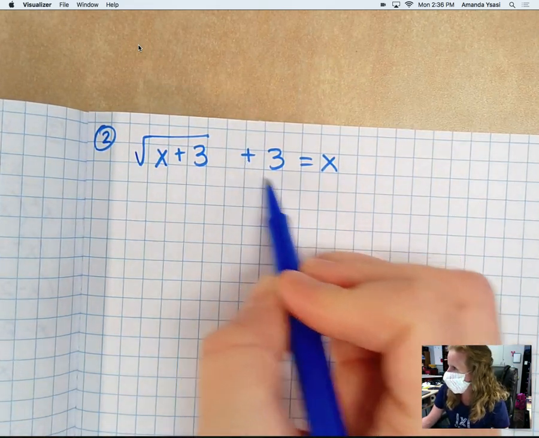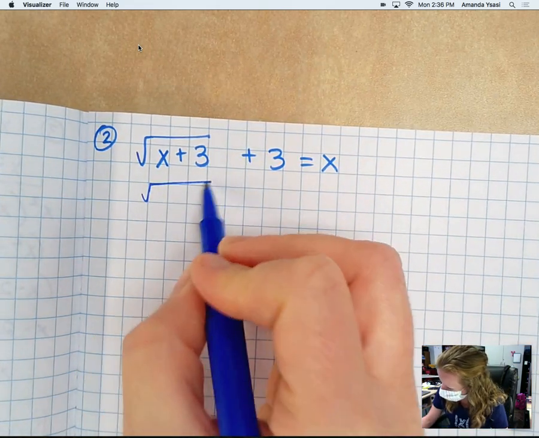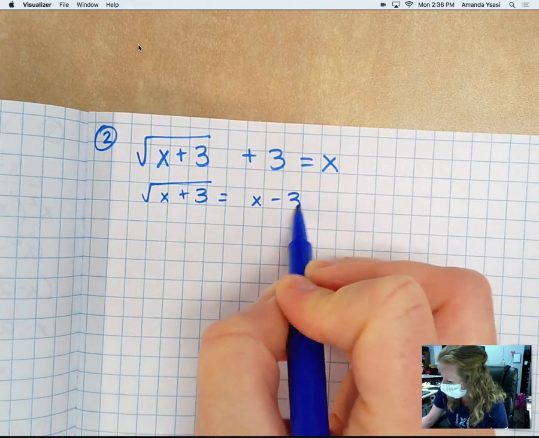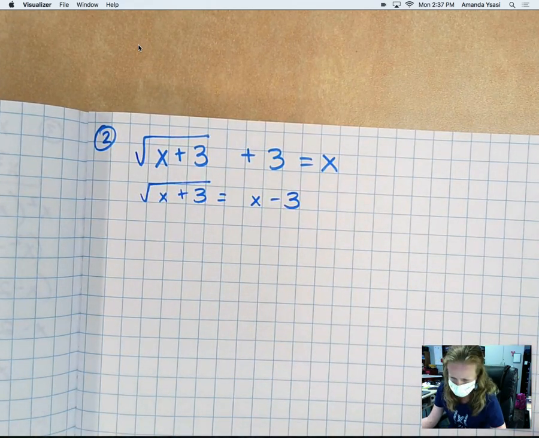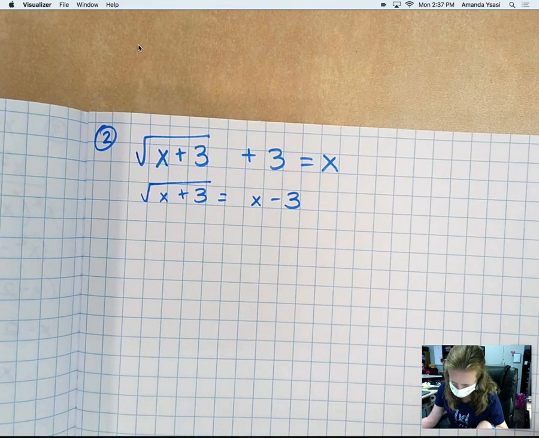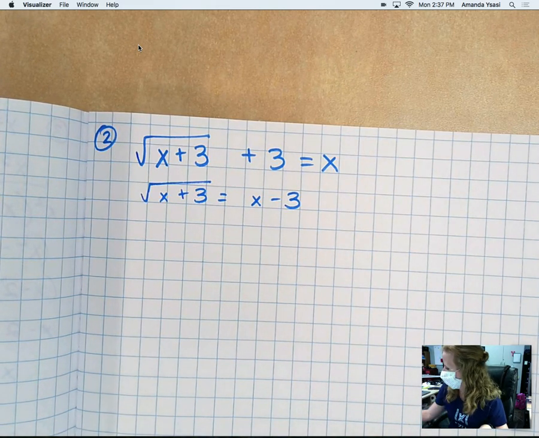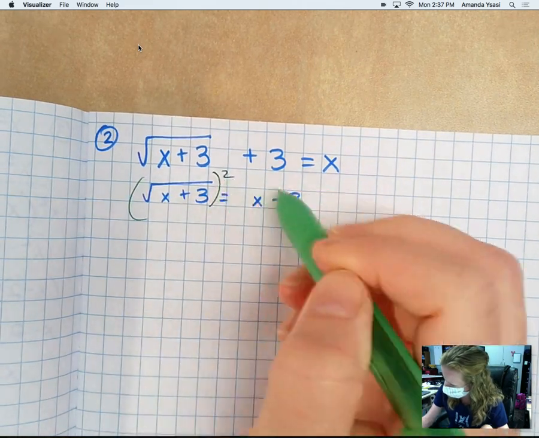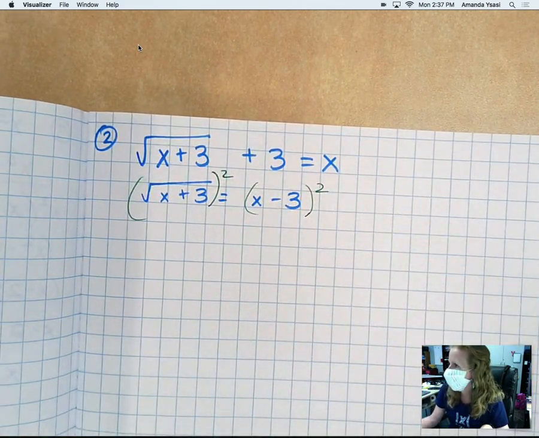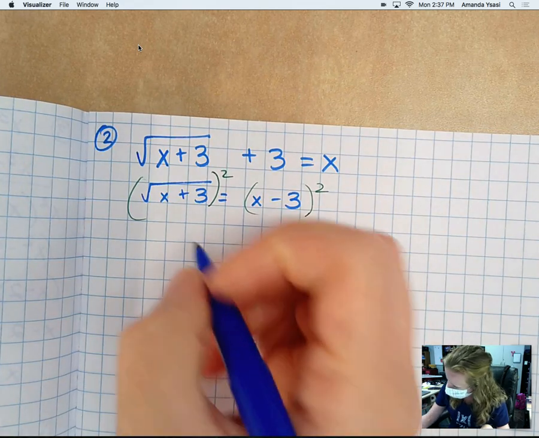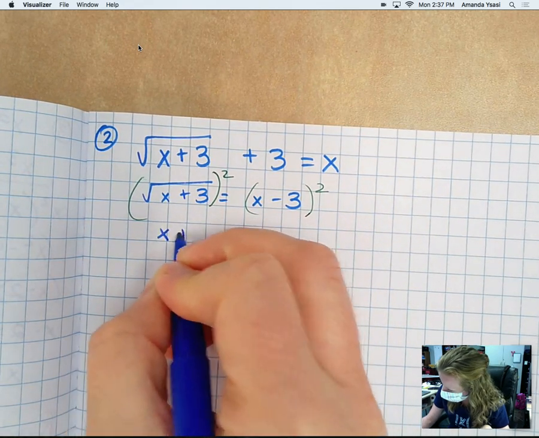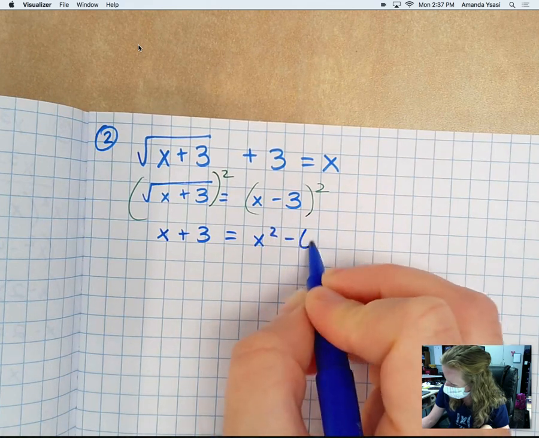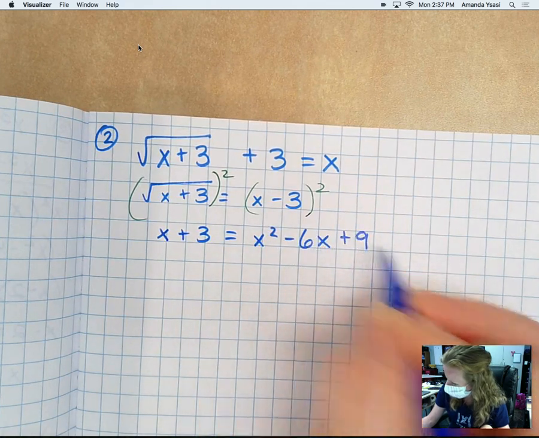Okay, so we need to move this over. x + 3 = x - 3, and so then we square it. That leaves us with x + 3 = x² - 6x + 9.